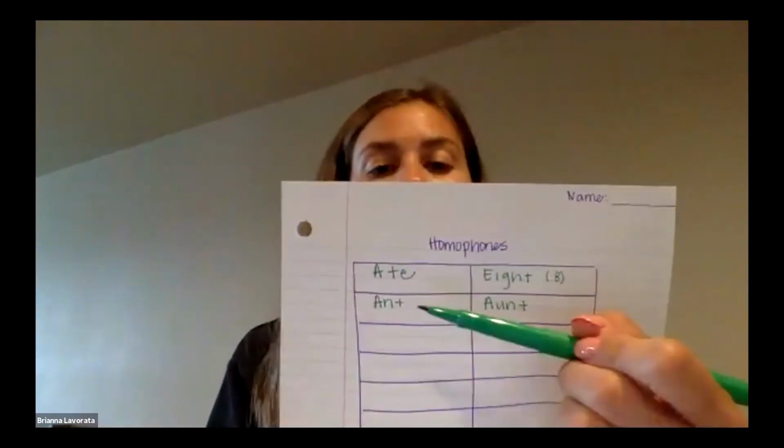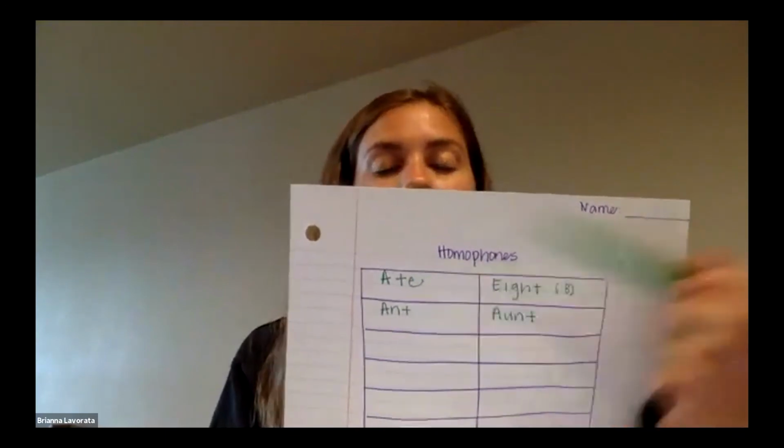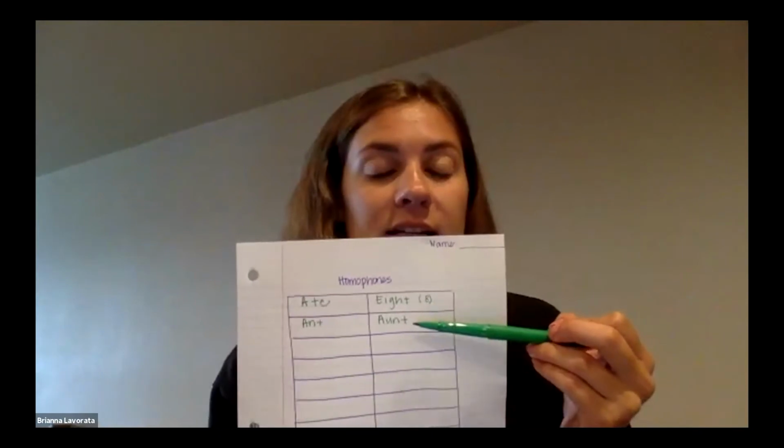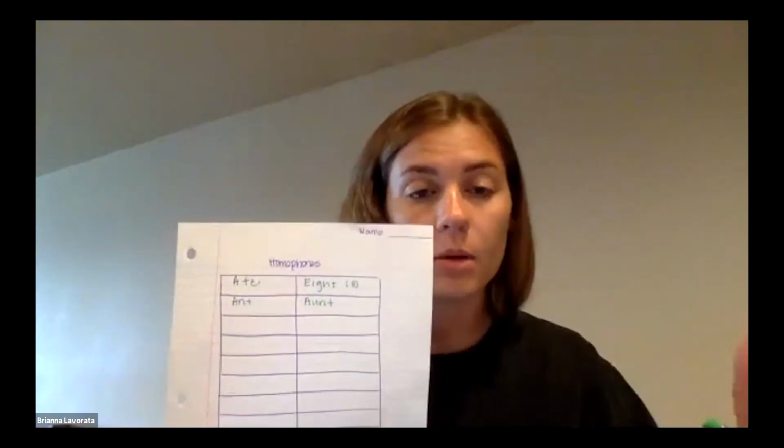Okay, so I have ant, the insect ant, and aunt like my great aunt Joan. Some of you might pronounce it aunt, and that's okay, but a lot of people might say ant if they're referring to their aunt and their family, okay? So another same pronunciation, but different word and spelling.